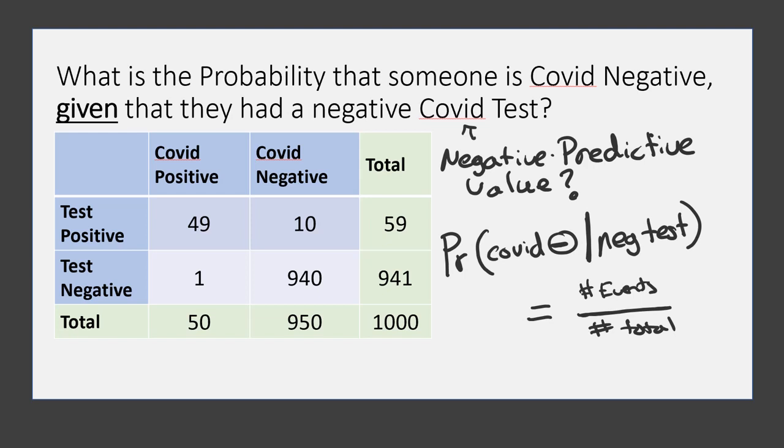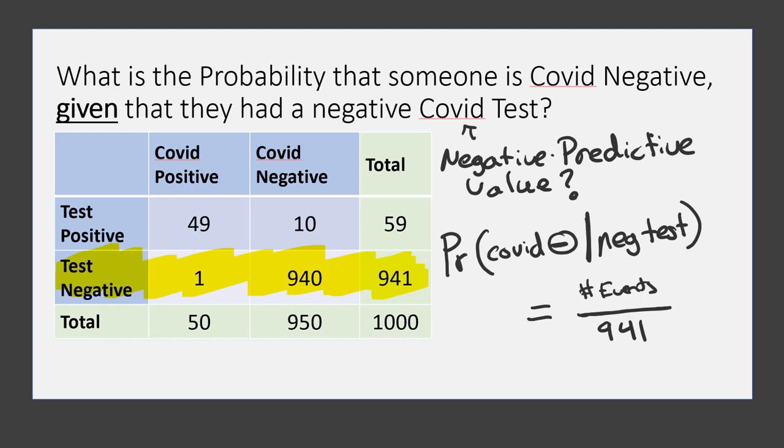If it is known that we have had a negative COVID test, then the total number of people with a negative COVID test is our total. So our number in our total will be the total number that have had the negative test.